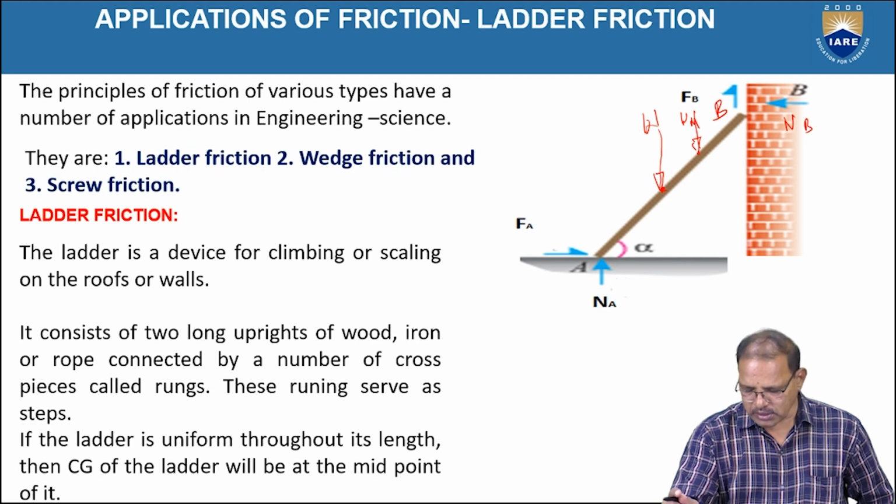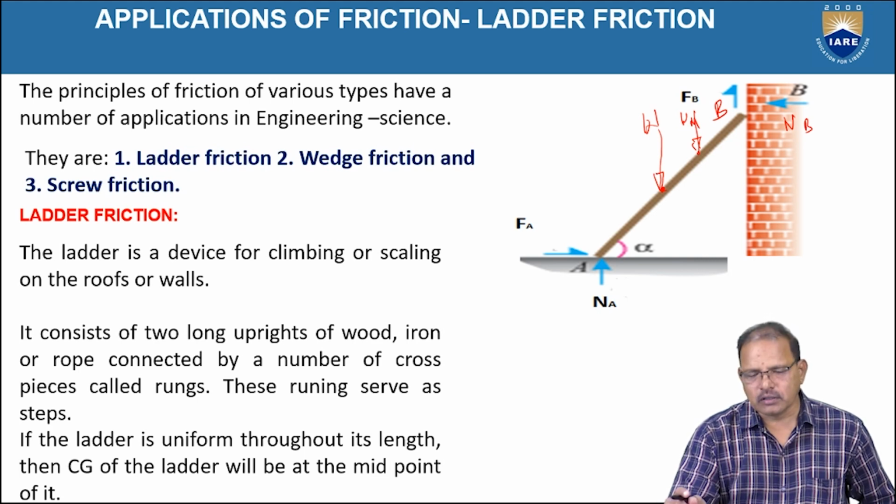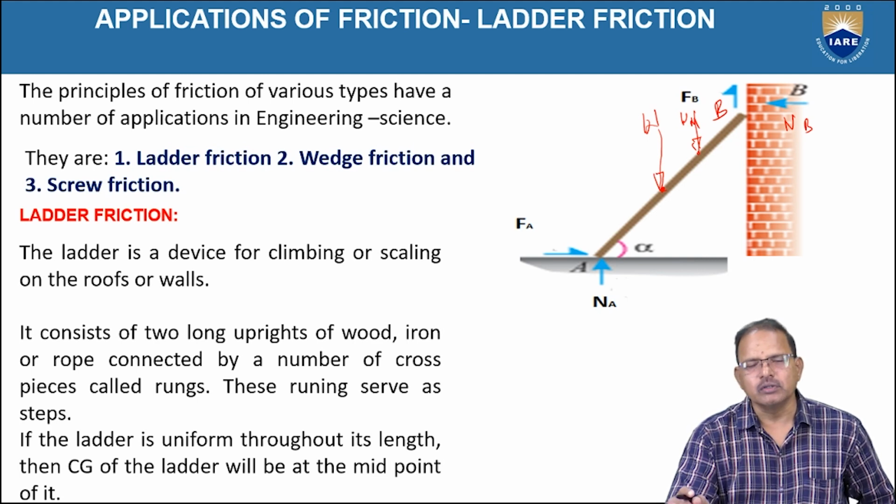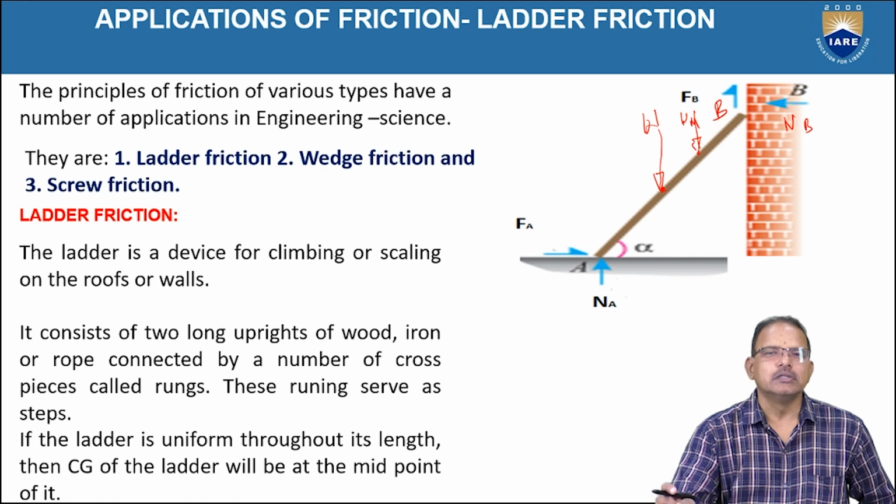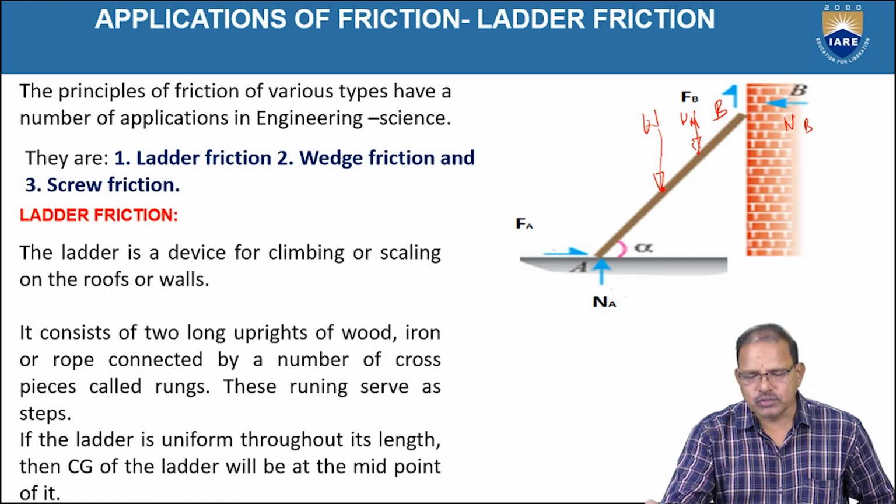The algebraic sum of the components of vertical forces should be equal to 0. Since the forces are parallel to each other, the moments created by the forces at any point should be equal to 0. Okay, these three conditions are satisfied.